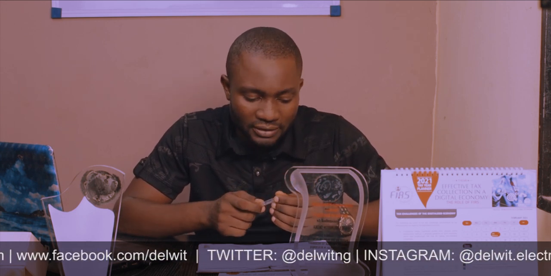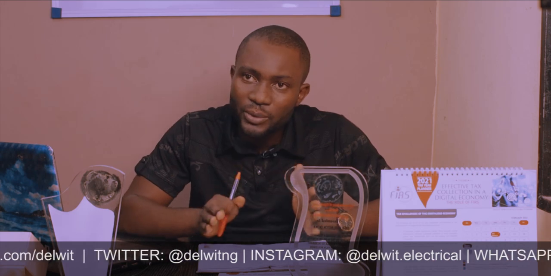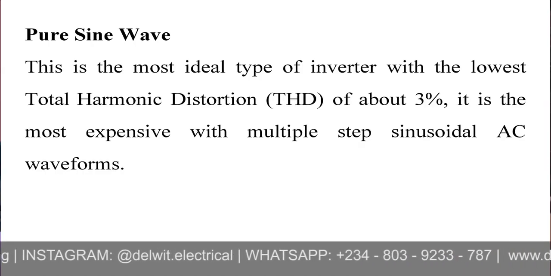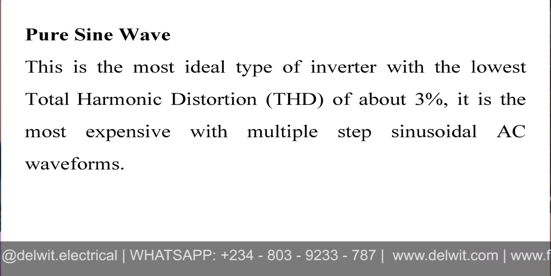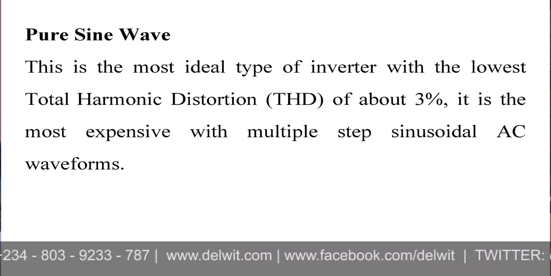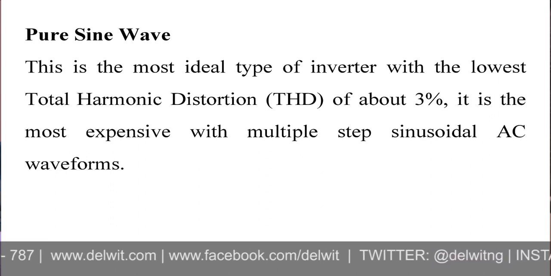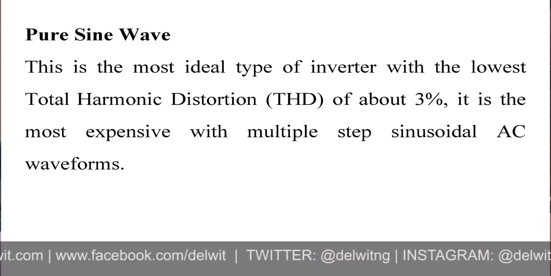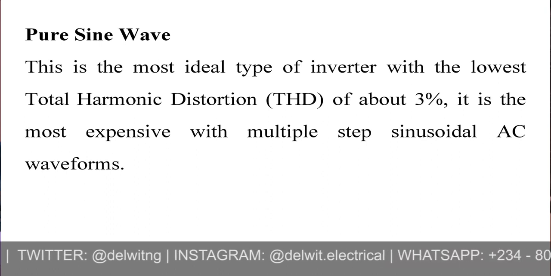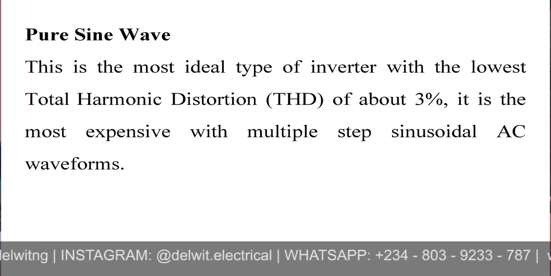But the most appropriate inverter system that is required in every system is the pure sine wave. The pure sine wave has a 3% THD, total harmonic distortion. Just 3%. That is to tell you how effective a pure sine wave is. Most inverters in the market now are pure sine wave inverter systems. So as I advise, if you have the resources, go for a pure sine wave.